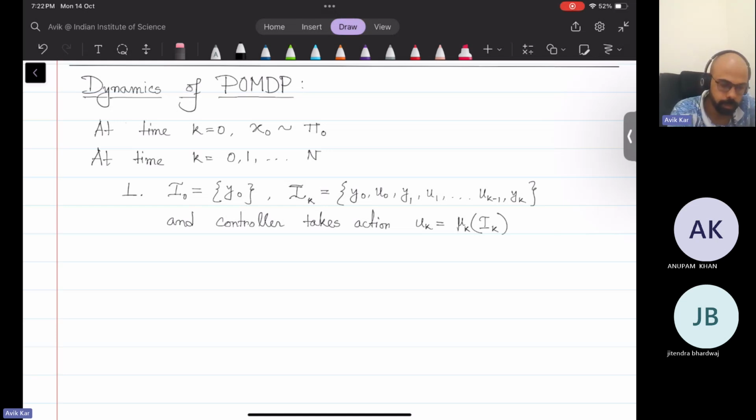It sees all the information gathered until time k and takes a decision. I am denoting it as ak, the action is a.